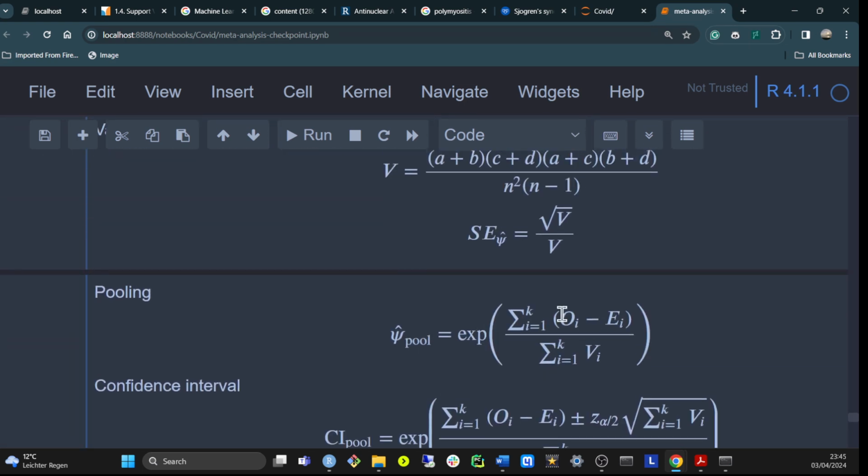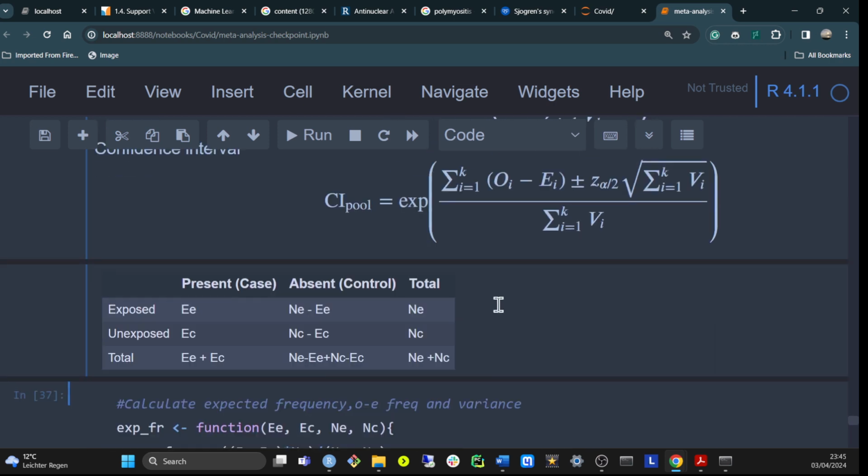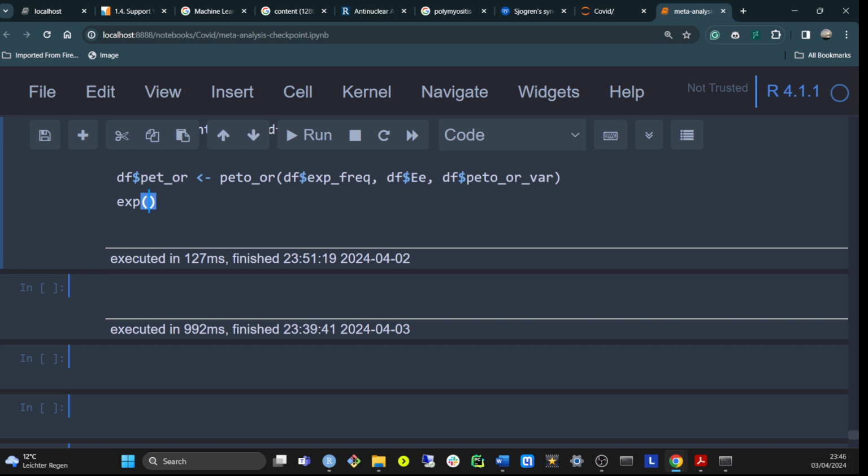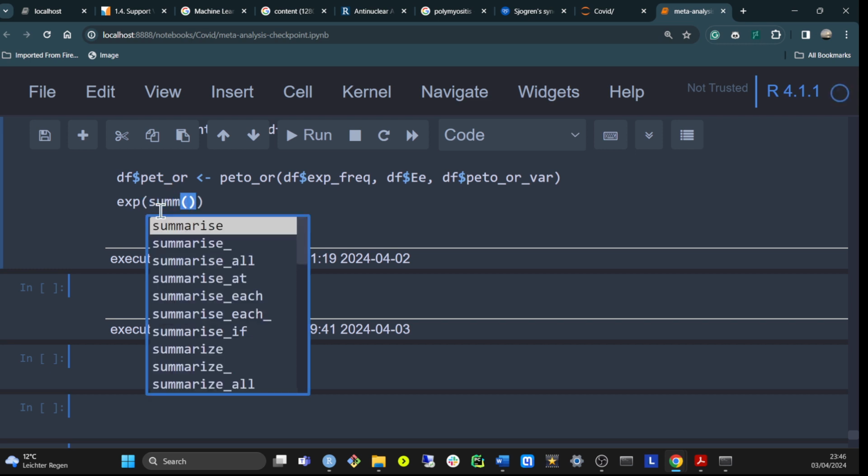No, this doesn't seem to be correct. So it seems it's getting confused. So instead of saving it, maybe I can simply take this actually, and then replace it with this one, the pooled log odds ratio formula.